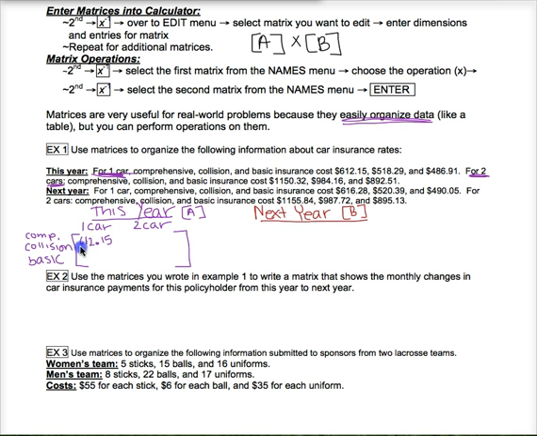Then you've got 518.29, and 486.91. For 2 cars, you've got 1150.32, 984.16, and 892.51.